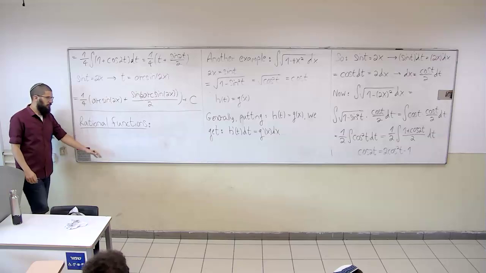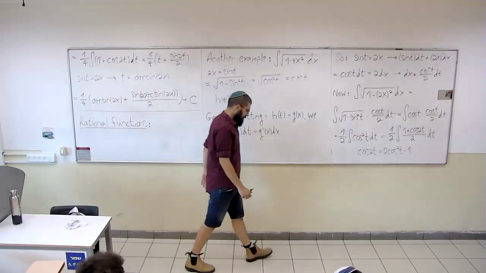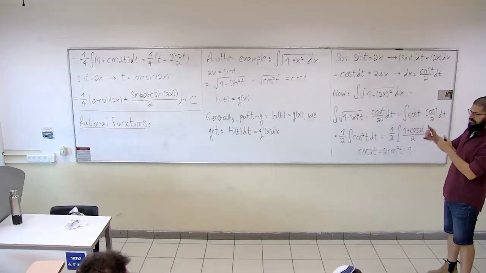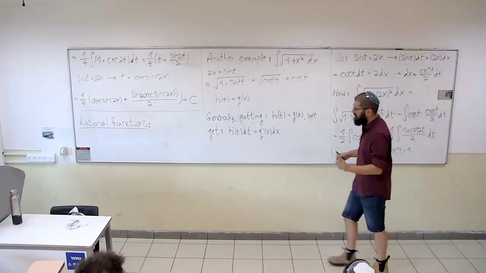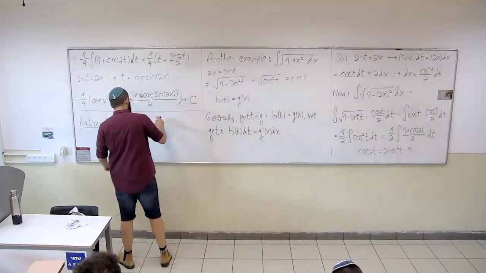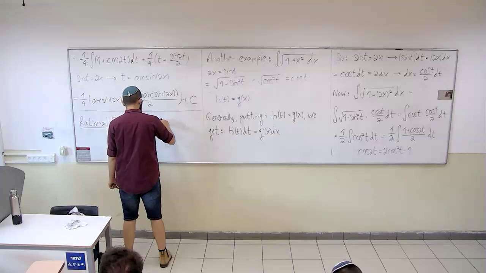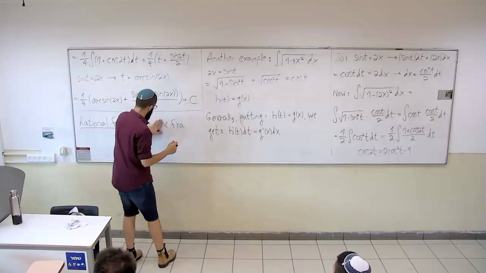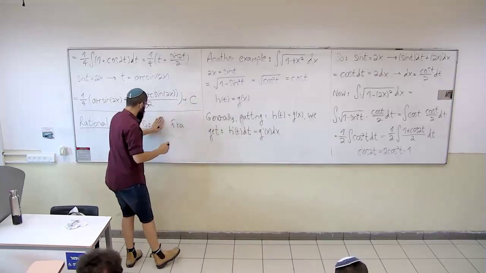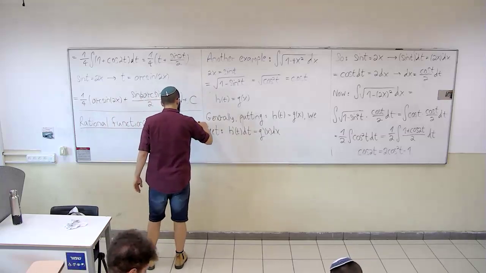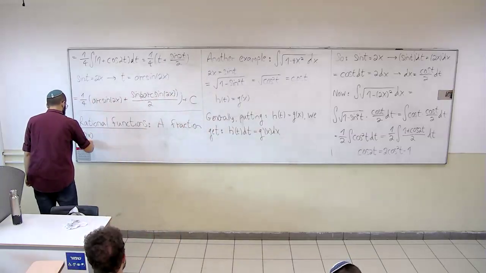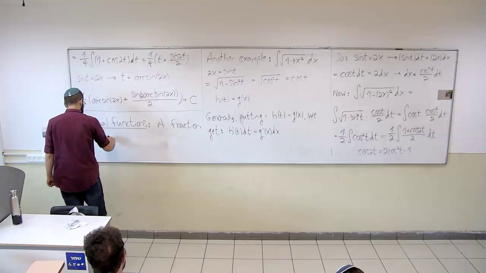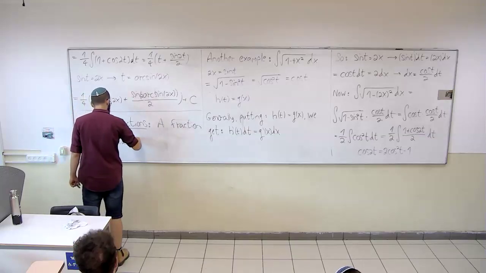A rational function is a fraction. Formally, a fraction p(x) over q(x) is called a rational function.